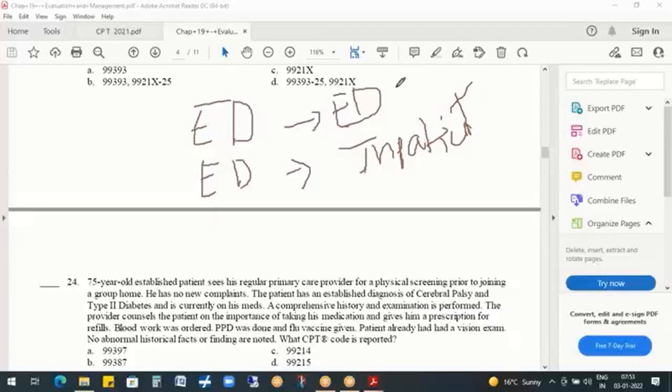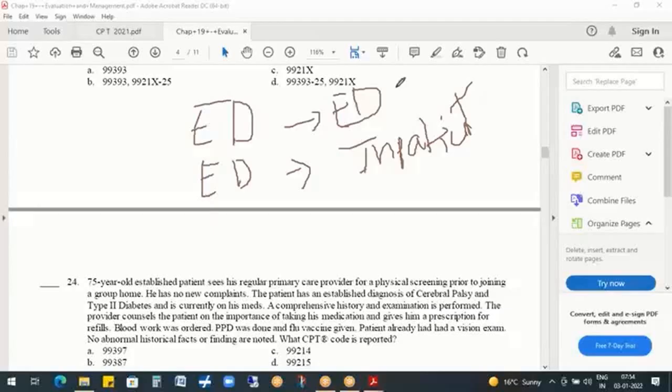Now you can see. You can take a question and tell me from where we can code here. Write down one question. A patient is in ER.